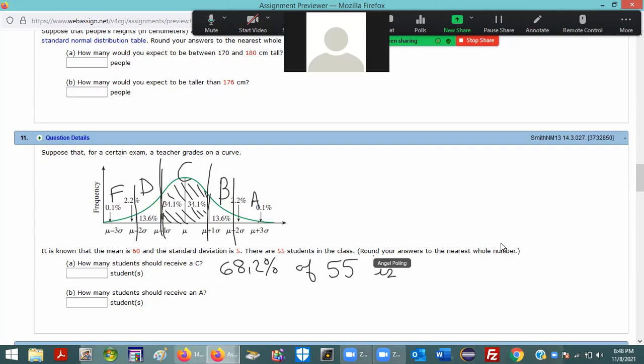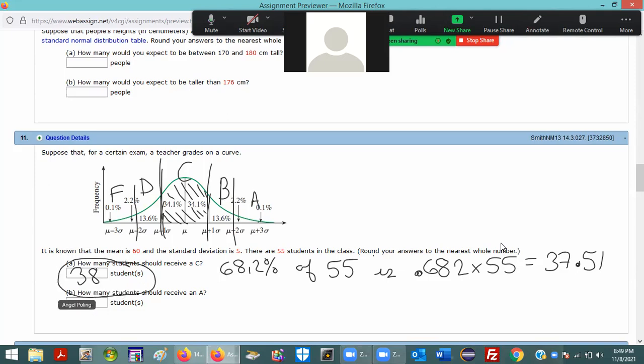So to write that, we have 0.682 times 55. That will be 37.51. So of the 55 students, we would expect about 38 to get a C, right?